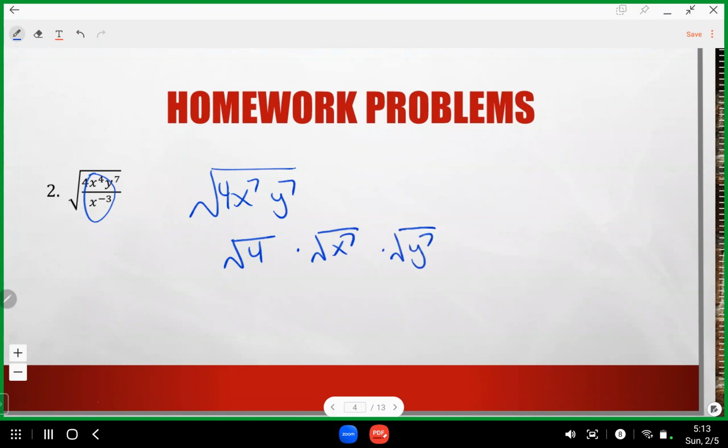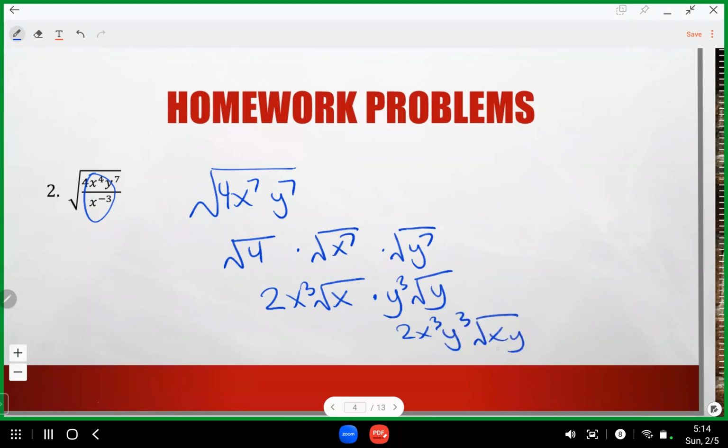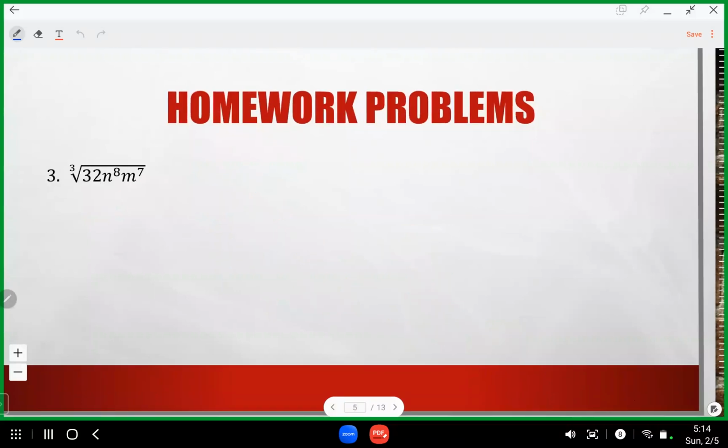Obviously, the square root of 4 is 2, and the square root of x to the 7th is going to be x to the 3rd and just x, and then multiplied by y to the 3rd times y. You combine it all, it's 2x to the 3rd, y to the 3rd, x, y. All right, so now let's try the last one.